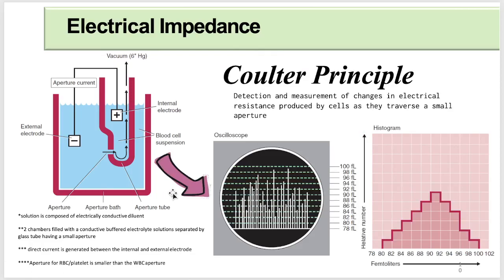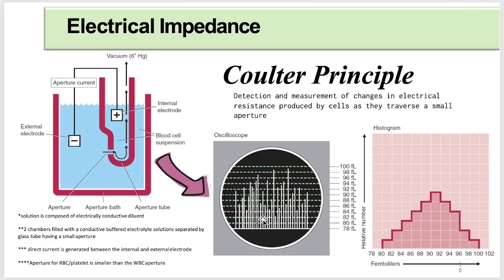After generating the volts and measuring the changes in electrical resistance, some instruments may have a display called an oscilloscope. What is an oscilloscope? The oscilloscope screens on some instruments display the pulses generated by the cells as they interrupt the current.